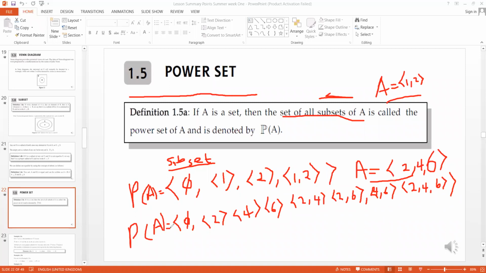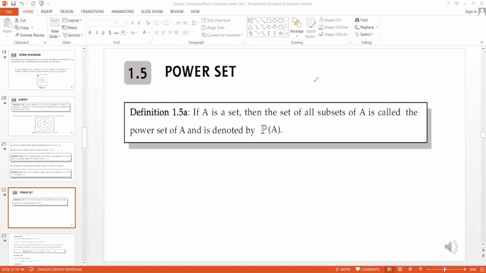Now, the question is, how sure am I that I've listed all the possible subsets? As a guide, there is a formula which can be used to obtain the number of subsets, or the cardinality of the power set, of any given set.